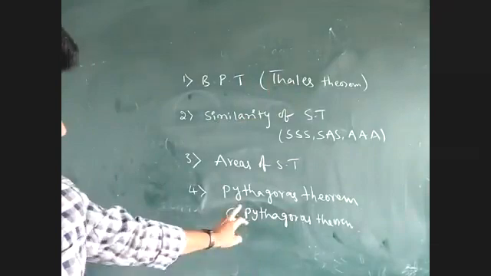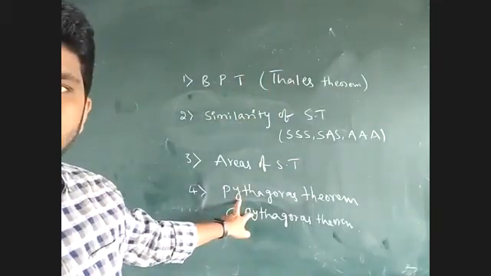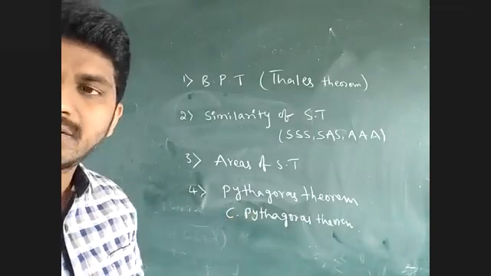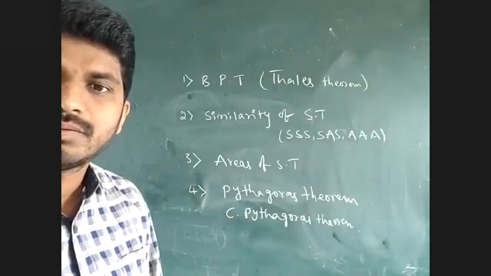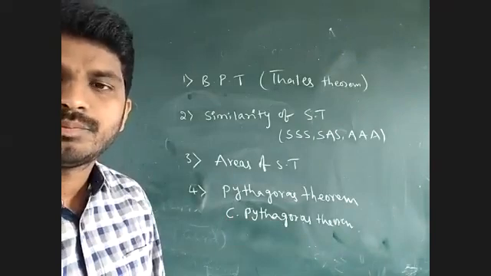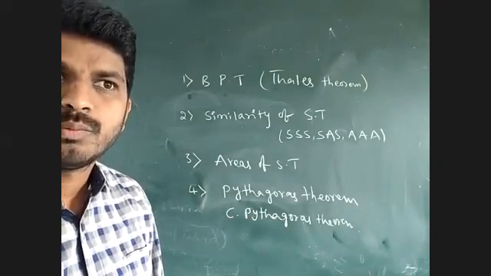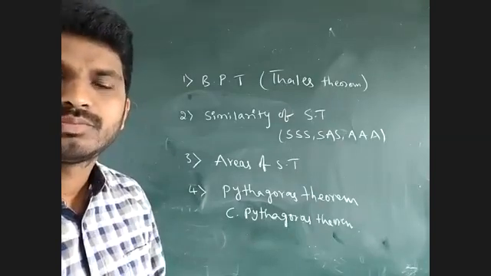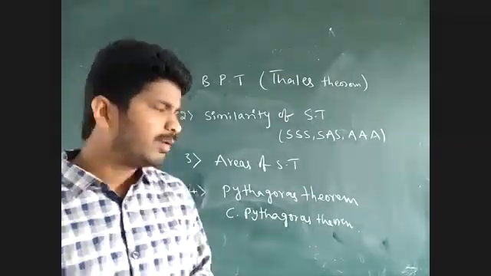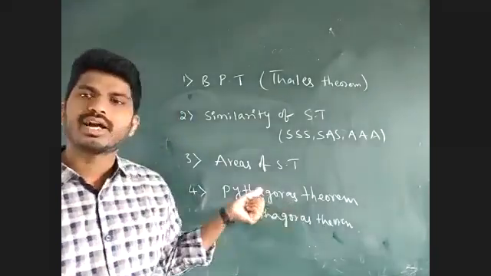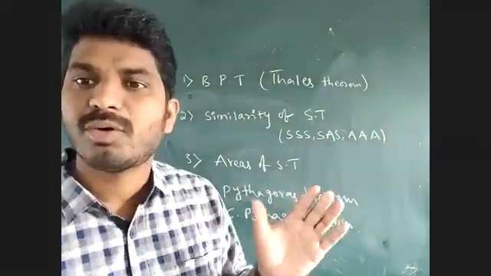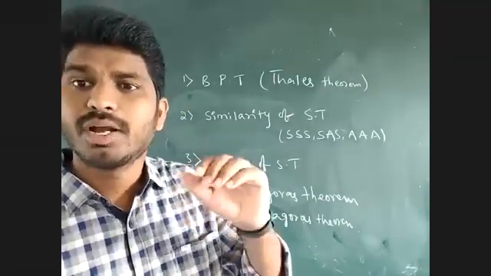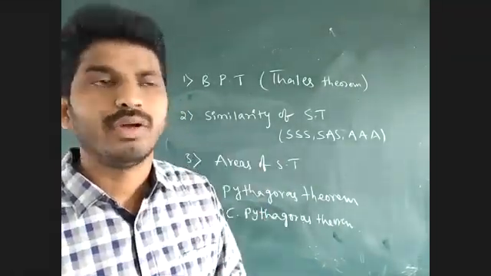Coming to Pythagoras theorem. Pythagoras means, hypotenuse square is equal to opposite square plus adjacent square. Pythagoras is also one of the great Greek mathematicians, one of the most important.